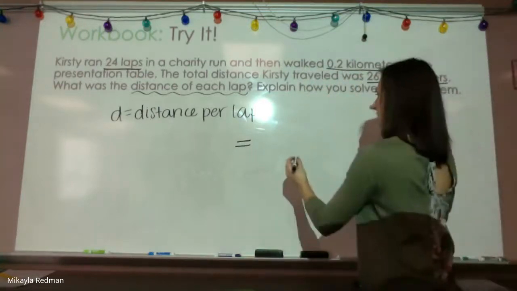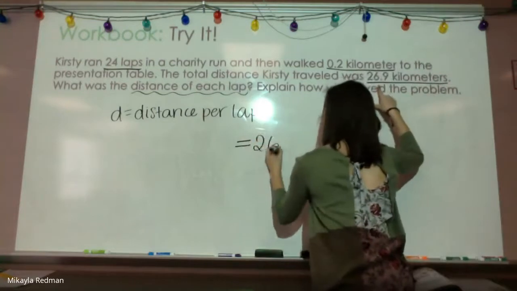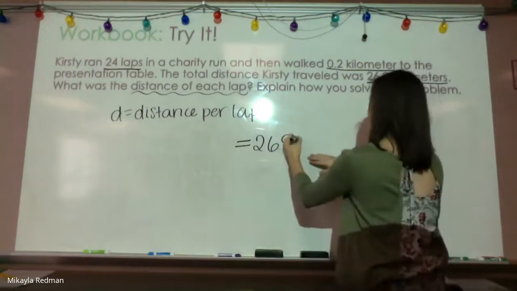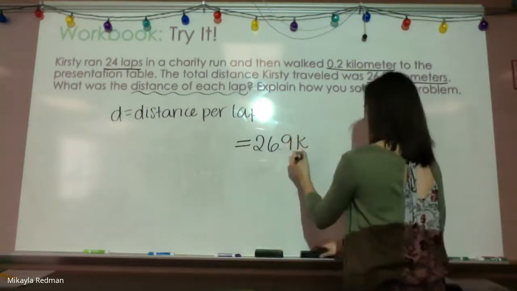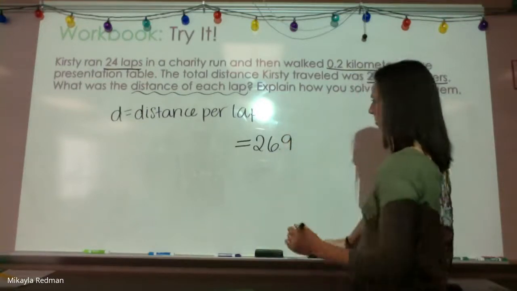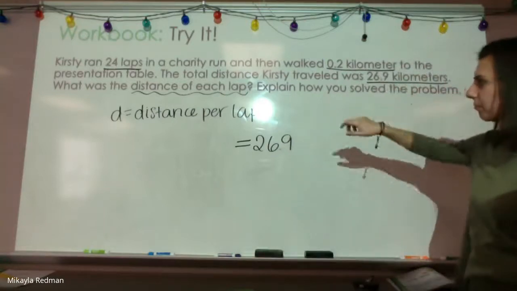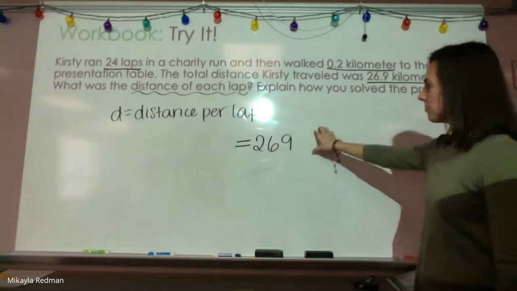Our total is 26.9. So we're going to have something equal to 26.9. This is the distance she went for the race. I'm actually not going to put units. You know that's kilometers because our problem tells us.